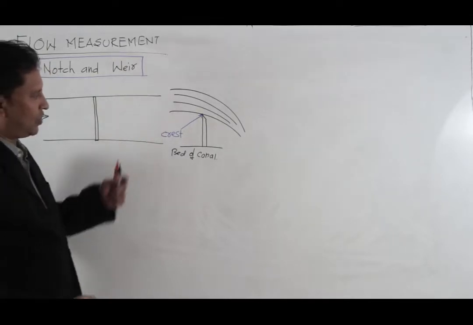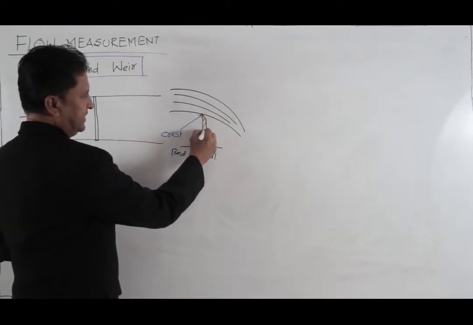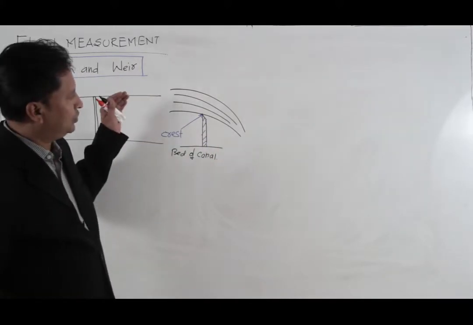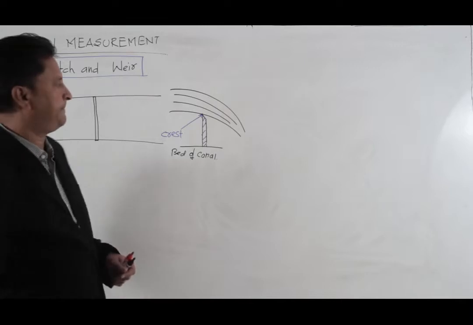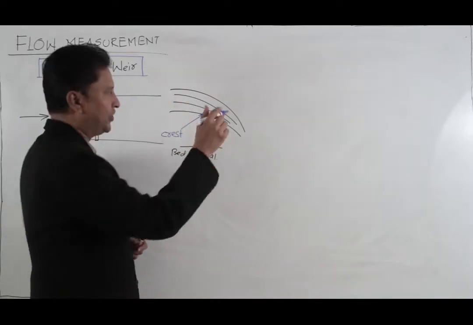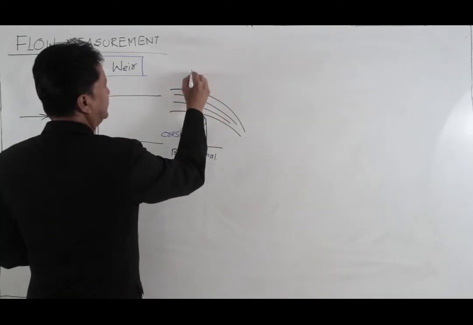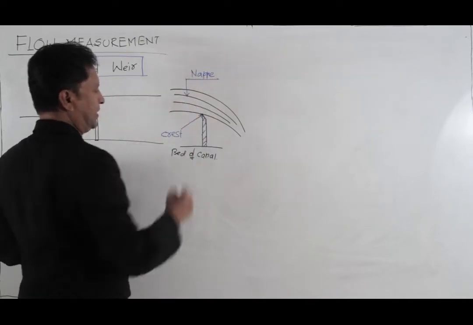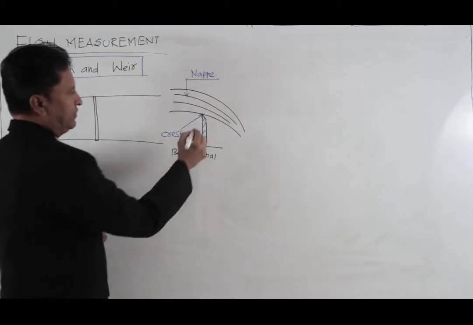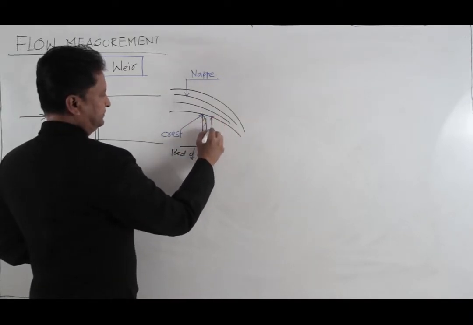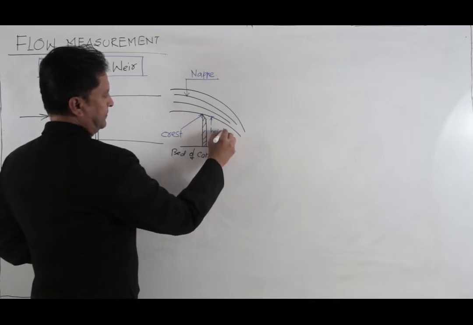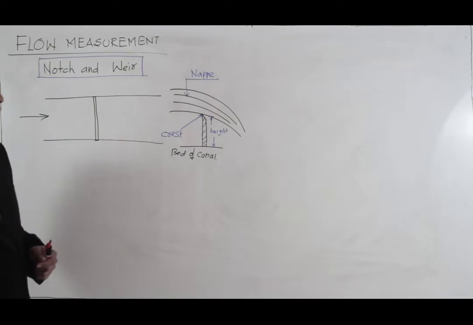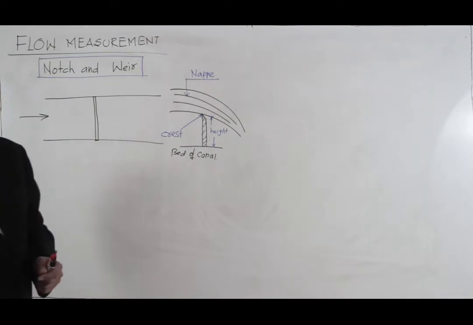Top edge of the notch is called the crest, and water will flow above the crest. So the flowing sheet of water, this one, will be known as the nappe. And this will be the height of the notch.